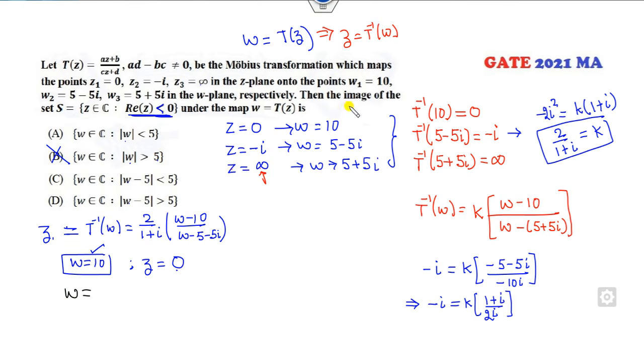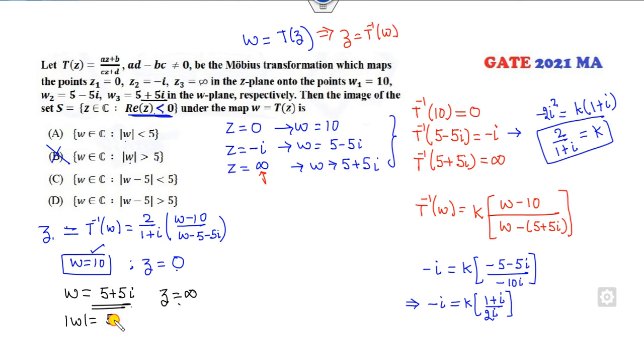If I choose any pair of this, like 5 plus 5 iota, then what is the value of 5 plus 5 iota? The value of z is infinity, and the real part is less than 0, not satisfied. What is the absolute value of this?